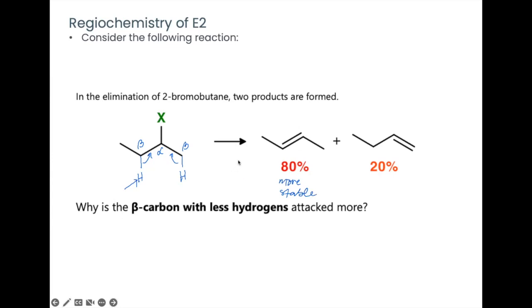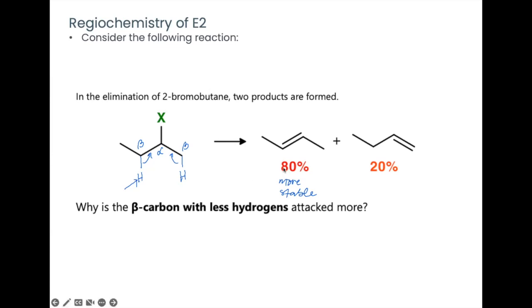alkene. And how do you stabilize an alkene? Kindly recall. How do you stabilize an alkene? What makes it more stable? The internal alkene versus a terminal alkene. Okay, you can have CH hyperconjugation.